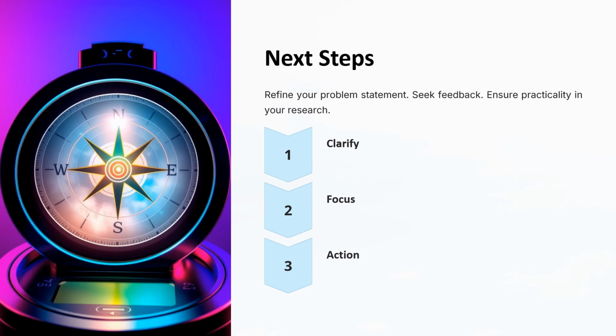You coin your topic, then you start writing the introduction, the research objectives, the research questions, the research hypothesis, and also you look at the scope, the boundaries, the time frame, which location you are going to conduct the study, what is your population, and who are the target respondents or participants. With that, it will help you to refine your problem statement, seek feedback, and ensure practicality in every stage.